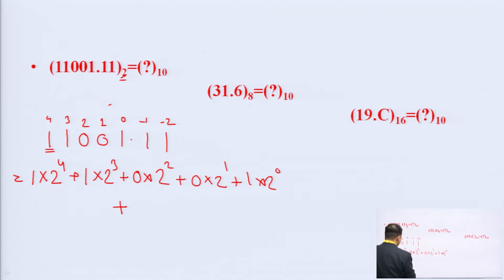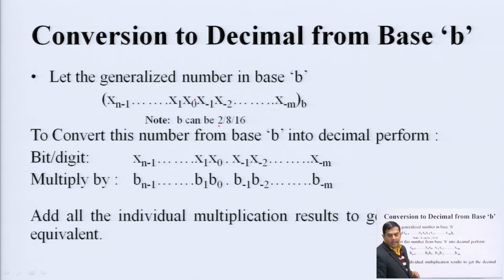Now, plus point, we are multiplying 1 into 2 to the power minus 1 and 1 into 2 to the power minus 2. See the previous slide, here also we have written the digits and then we are multiplying with the base. Here the base is binary, so we are multiplying by 2. If the base is 8, we will be multiplying with 8, and if it is 16, then by 16. Okay. Next.